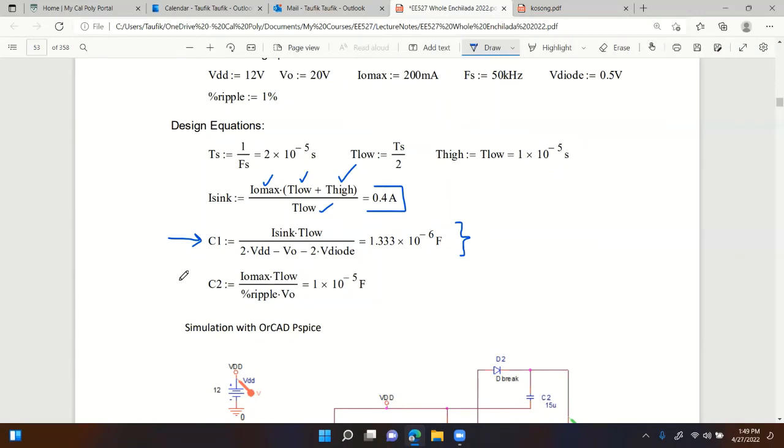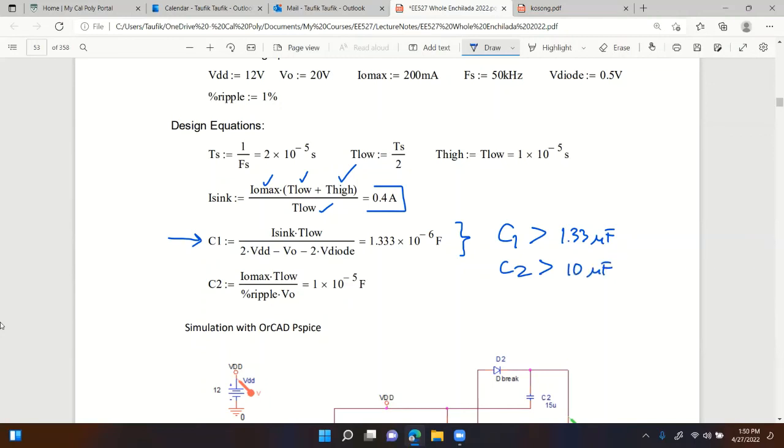And then C2, from another equation that we derived earlier, is equal to I load, which is I out max in this case, times tau low over the percent ripple that we know. That gives us at least 10 microfarad. So C1 should be at least 1.33 microfarad, and C2 should be at least 10 microfarad.